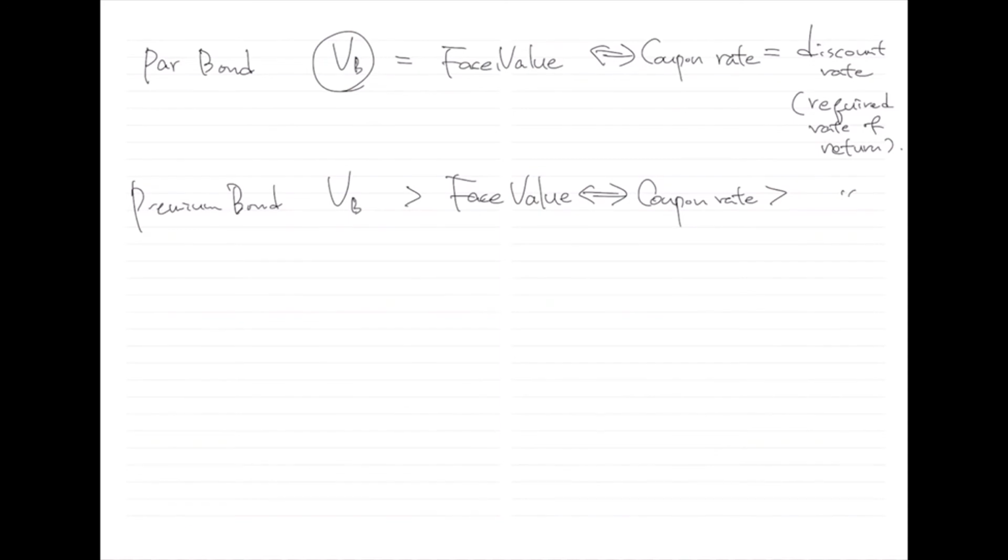And the last case, discount bonds: the value of the bond is lower than the face value. In this case, the coupon rate is lower than the required rate of return, right? So we have par bonds, premium bonds, and discount bonds.